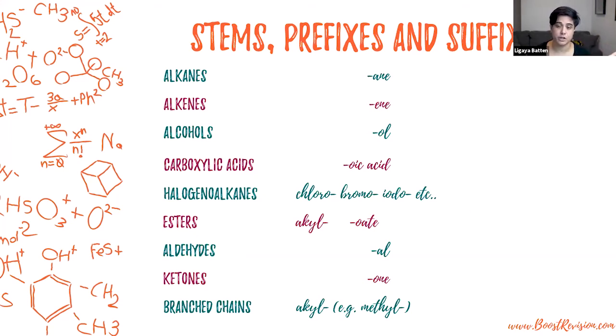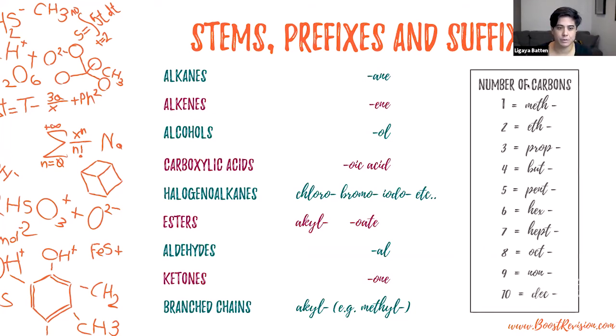So as we said, the functional groups give us the stem, and the number of carbons give us the number in the stem. So for example, 1 carbon is meth, 2 carbons eth. So you need to know all the way up to 10 carbons. So it could be, for example, pentane or hexanol, or octanol, or it could be nonyl, which is an alkyl group with 9 carbons, and then something else that's a longer chain, so perhaps nonyl decane.